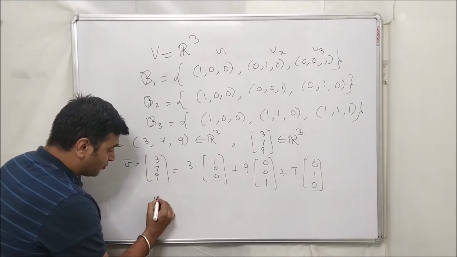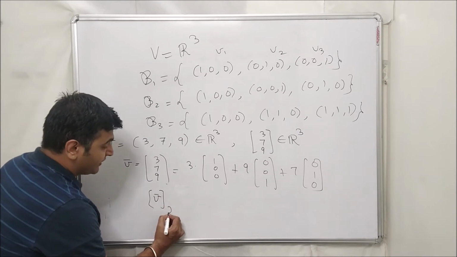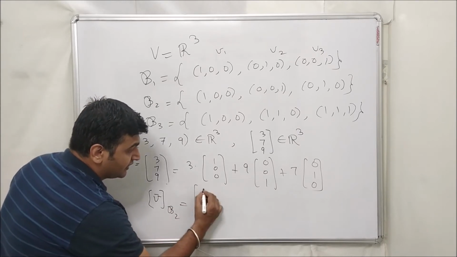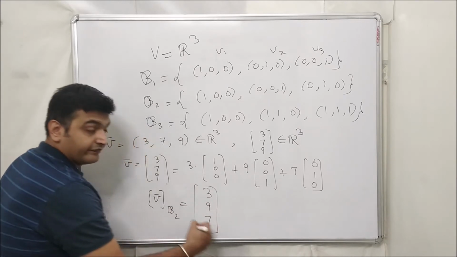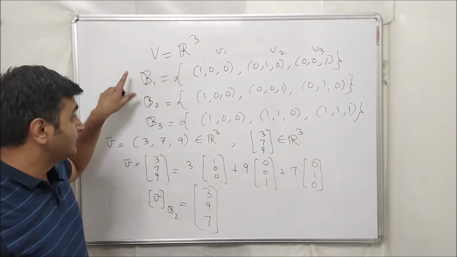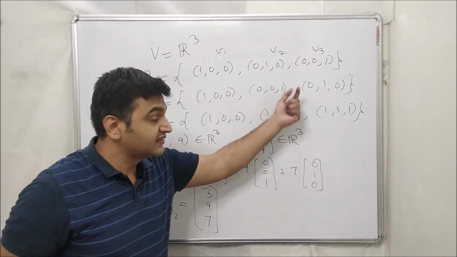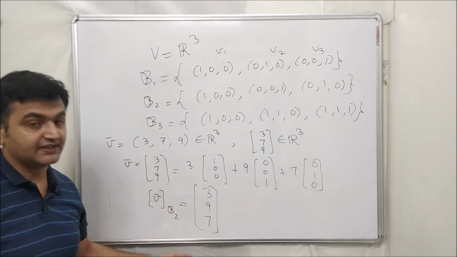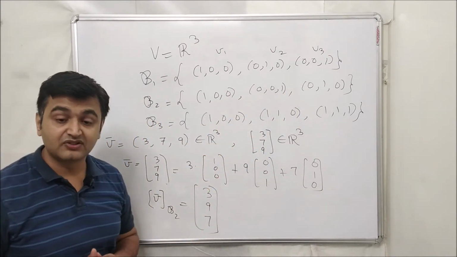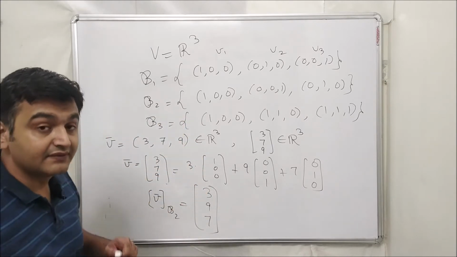So what is the coordinate vector for V with respect to basis B2? It is nothing but (3,9,7). As you can see, both form a basis and as a set they are equal, but once I change the order, the coordinate vector changes. So the coordinate vector depends on the ordered basis which you choose.